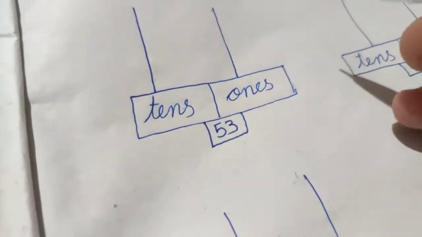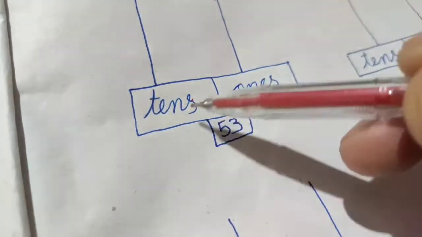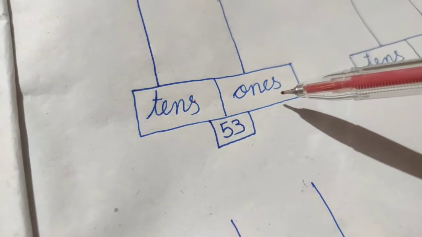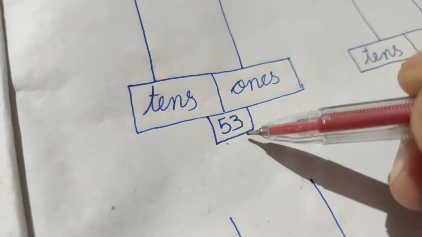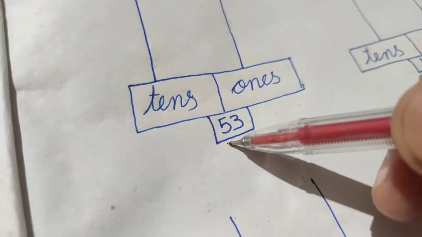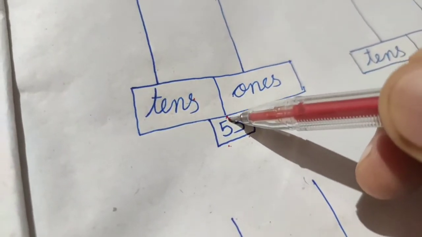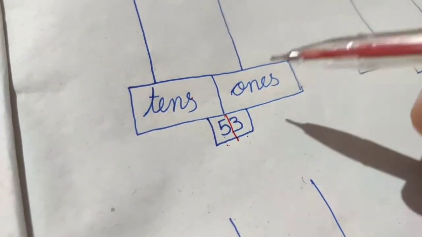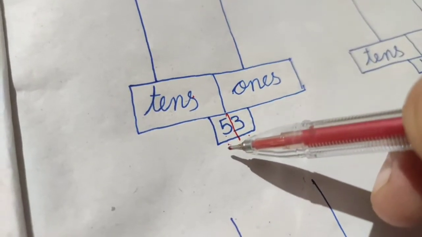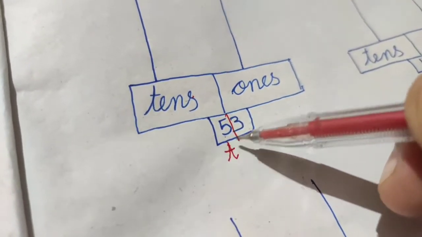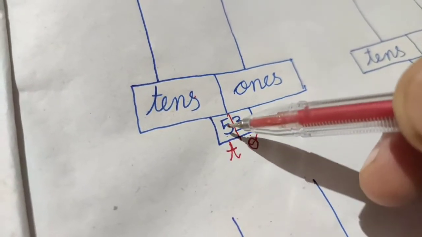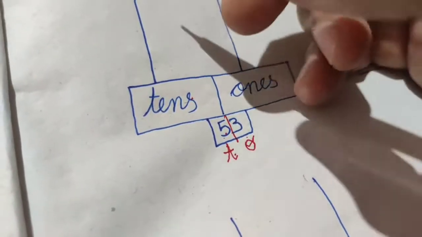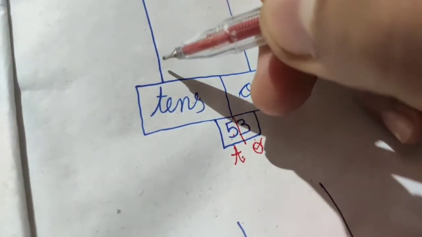See here. First box is tens and second one is ones. Okay. Now the number 53. So 5 and 3, a 2-digit number. The first one is tens and the second one is ones. So 5 is tens, so we draw here 5 beads.